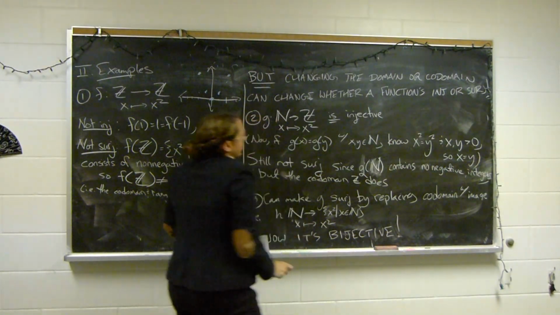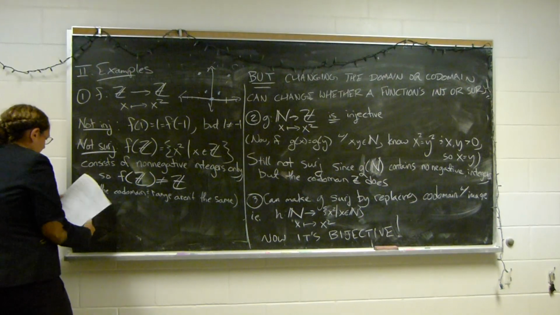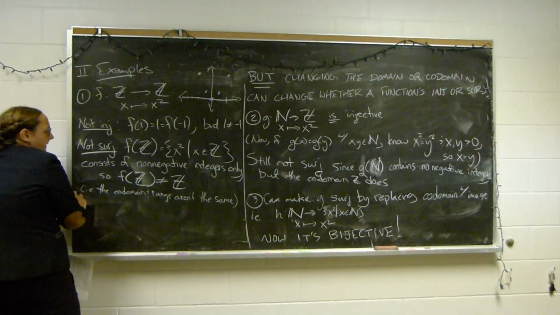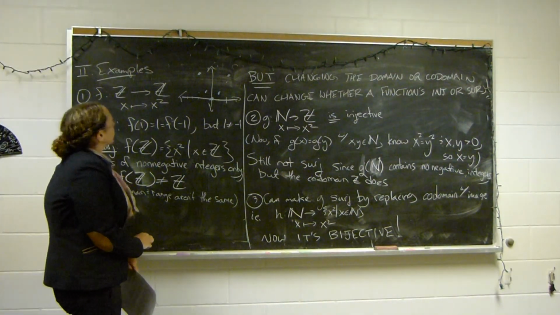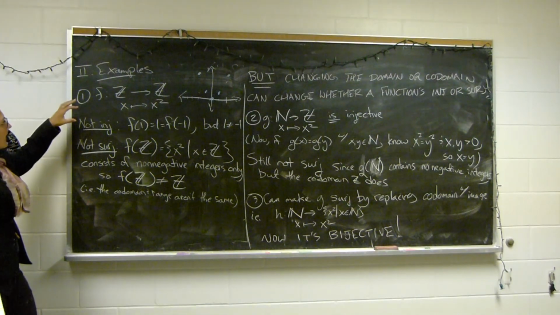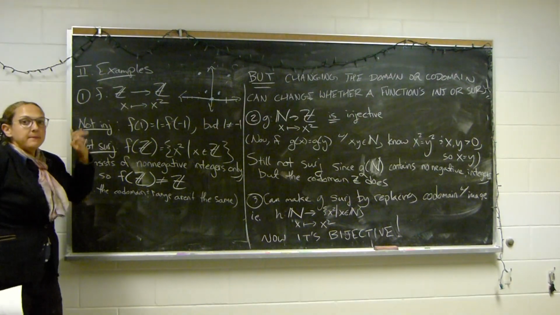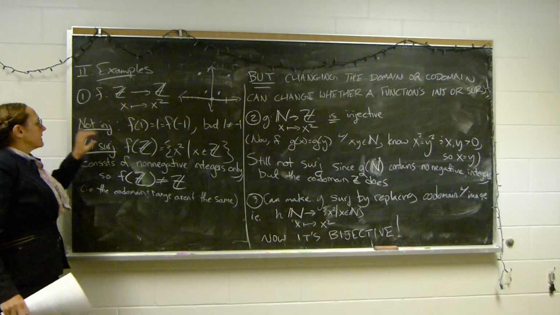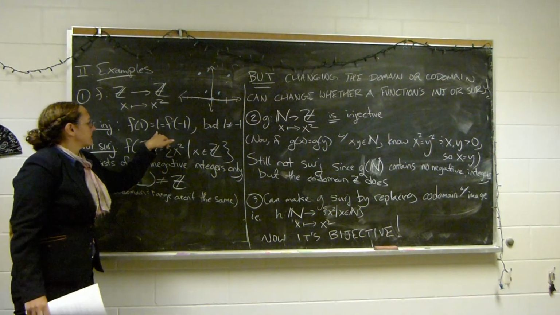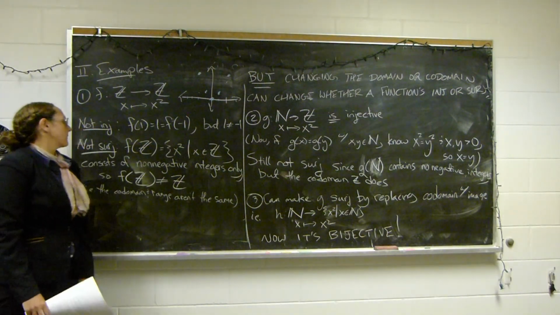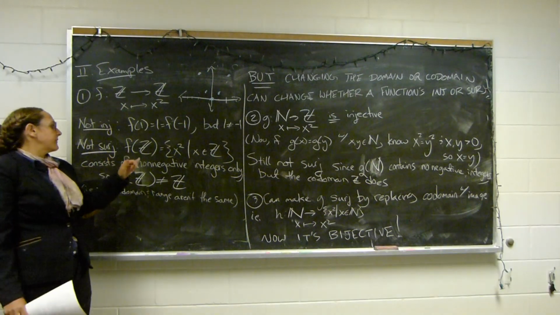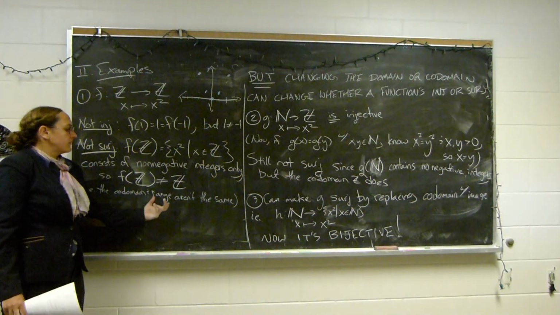So I'm going to summarize verbally. If I have a function, this one's not injective because two distinct elements are sent to the same place. It's not surjective because the codomain and the range don't match up.